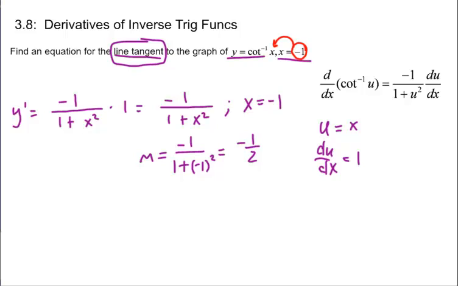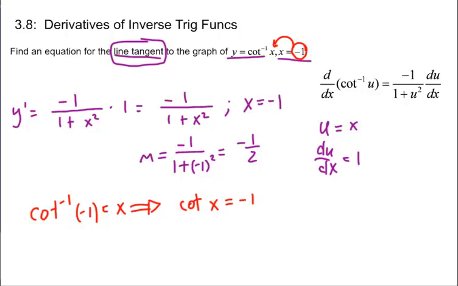Well, how does this work? Remember that the arc cotan is the inverse of the cotangent. So if I say the arc cotangent of negative 1 is equal to, say, x, then the equivalent statement that we would be interested in is the cotangent of x equals negative 1.